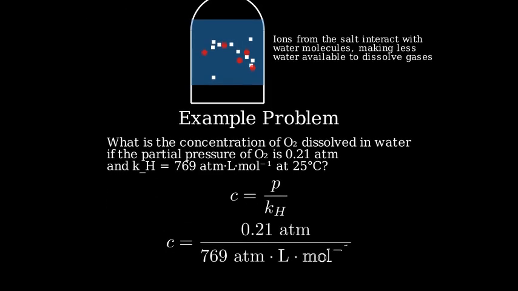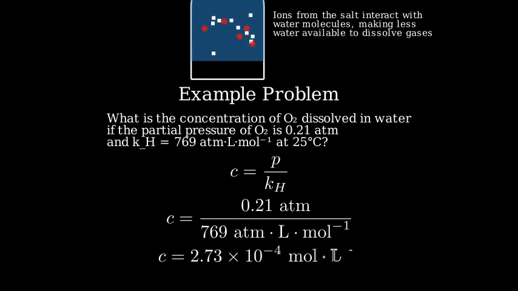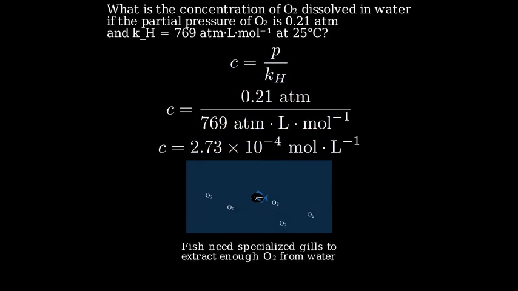Substituting our values, C = 0.21 atmospheres divided by 769 atmospheres times liter per mole. Computing this division, C = 2.73 × 10^-4 moles per liter. This low value explains why fish need specialized organs like gills to extract enough oxygen from water. Oxygen simply isn't very soluble in water.